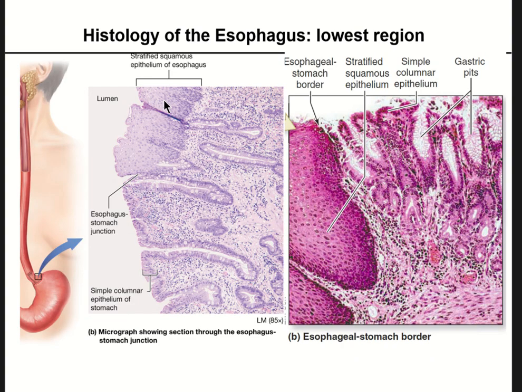Okay, so this is the lowest region of the esophagus. This is where the esophagus meets the fundic region of your stomach, the very beginning of your stomach. And don't forget that the sphincter you need to know there, some books will call it the lower esophageal sphincter, and some books will call it the gastroesophageal sphincter.